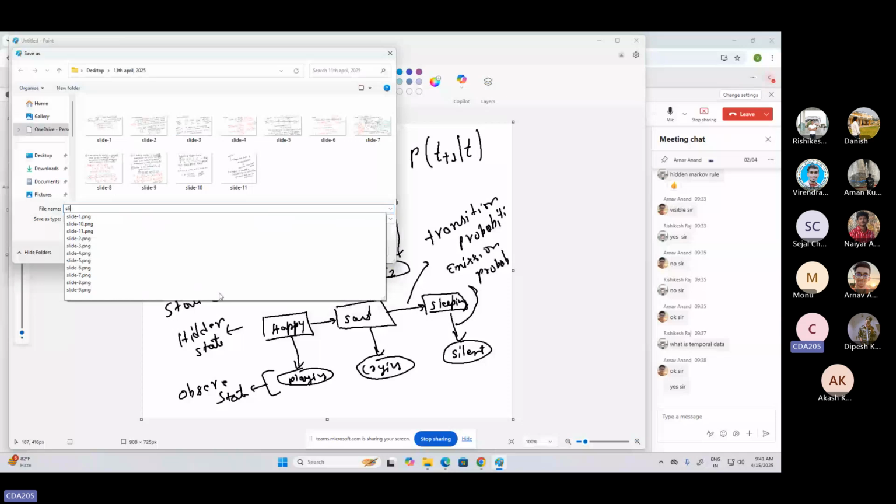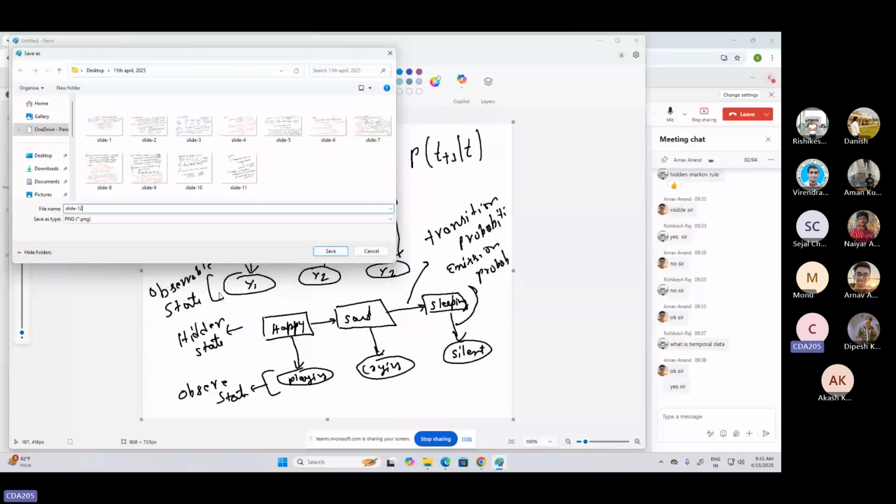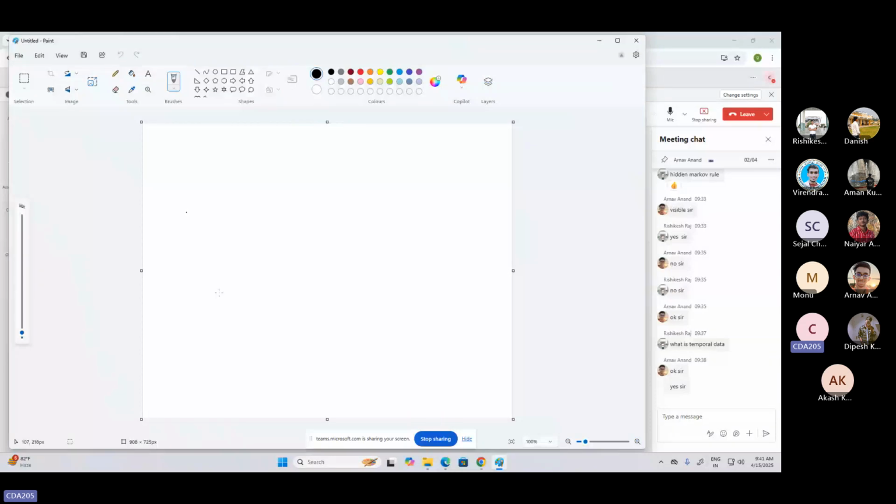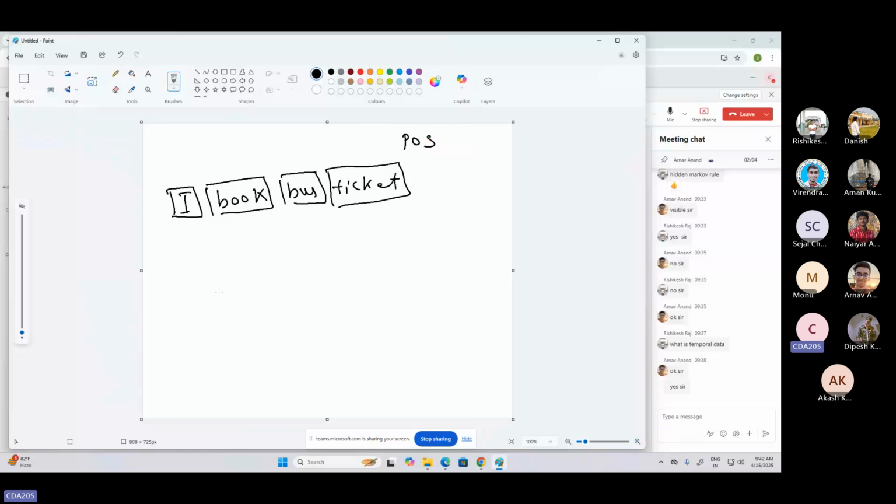Slide number 12. Let us see, we have a sentence, "I book bus ticket." So "I" is one token, "book" is one token, "bus" is one token, "ticket" is one token. Now, if I tell you to find the part of speech, how many parts of speech are there in English? I think 8.